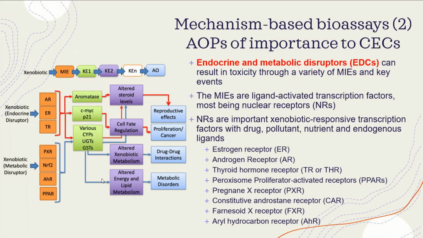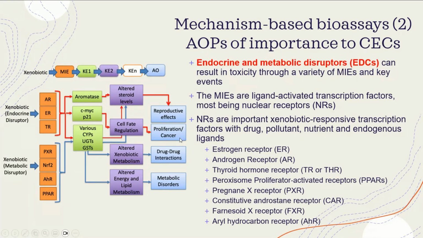And I like to think of this as really a bigger type of adverse outcome. We have endocrine and metabolic disruption that is all part of one kind of signature pathway. This adverse outcome has multiple types of toxic responses that we want to avoid.